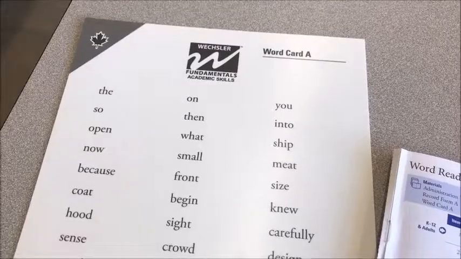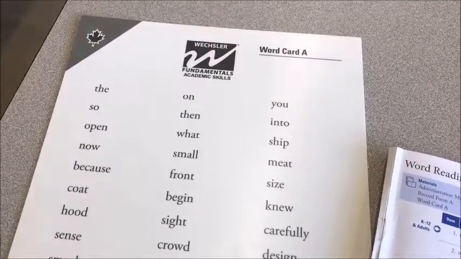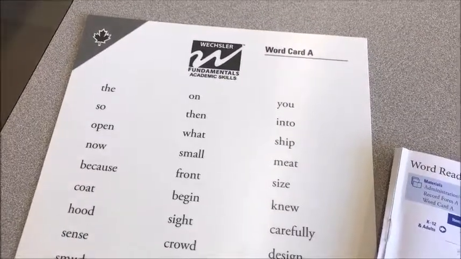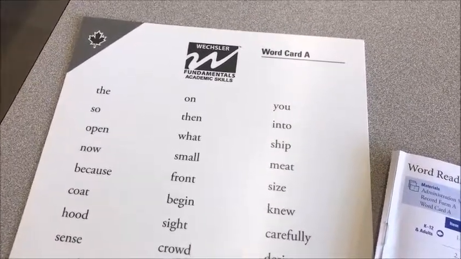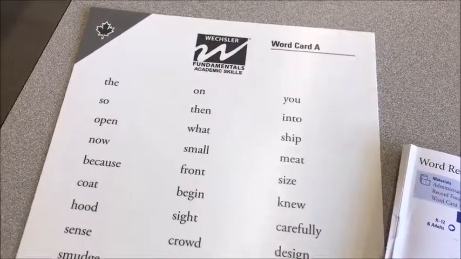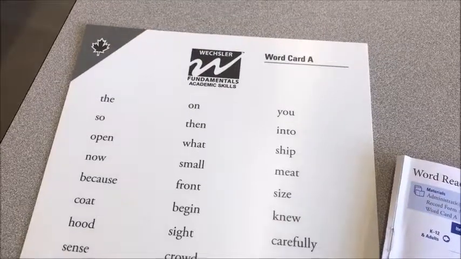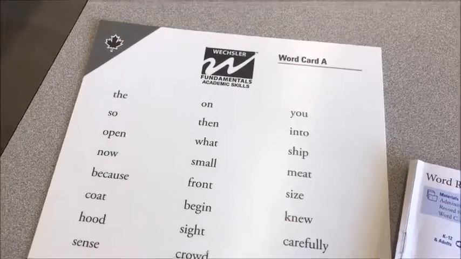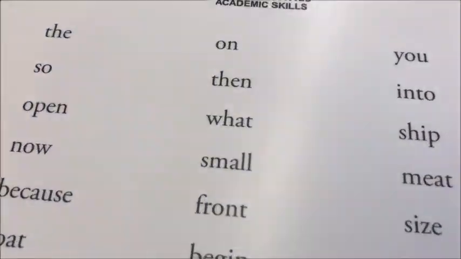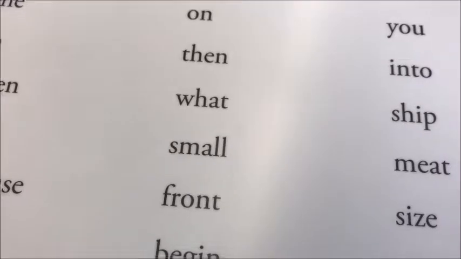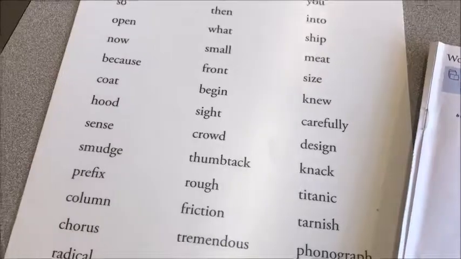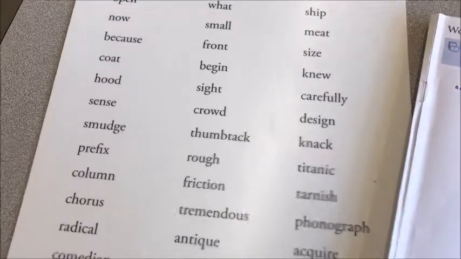You're finding out whether they have phonemic awareness, which is the actual individual sounds in each word. You're finding out whether they have some orthographic knowledge or awareness, which is what words look like, the spelling of the word, like for example, that word is small and not smell. And their ability to break words into syllables.